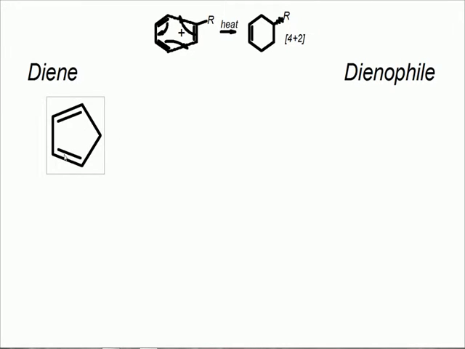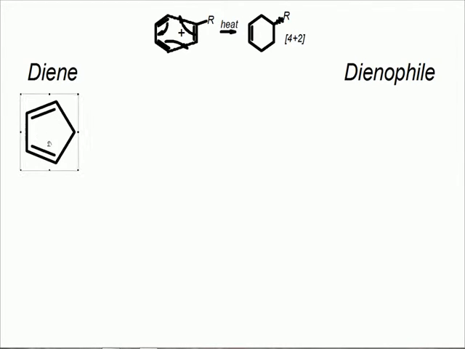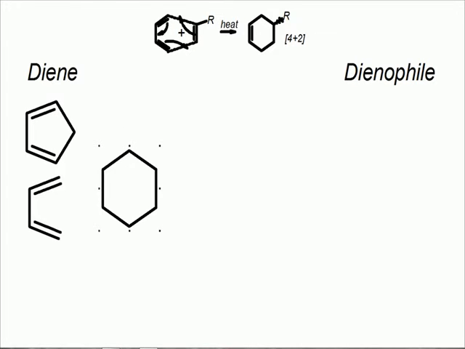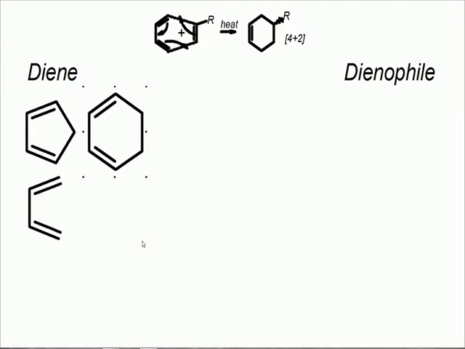There's our diene. This is locked in as it is because it's a ring. It's not going anywhere. So that is a pretty good diene. Another diene that you're going to see a lot, just that simple, is generally used in generic Diels-Alder reactions. You can go for cyclohexadiene. That's fine. You'll see that in a lot of reactions.